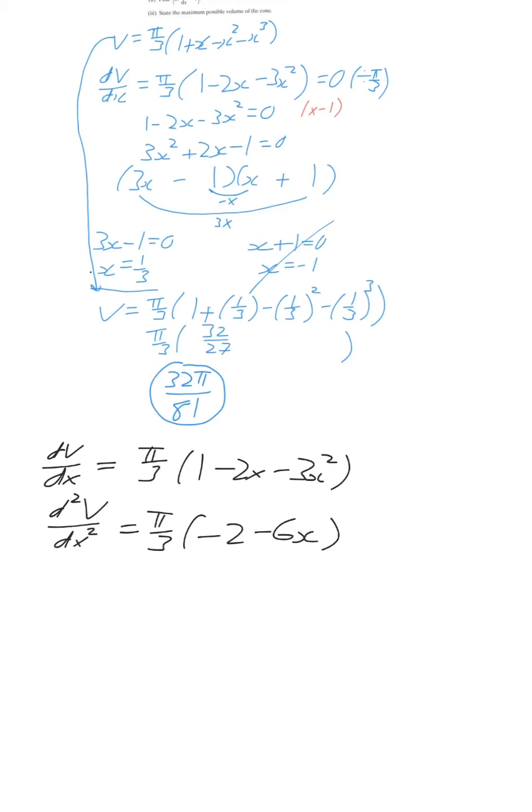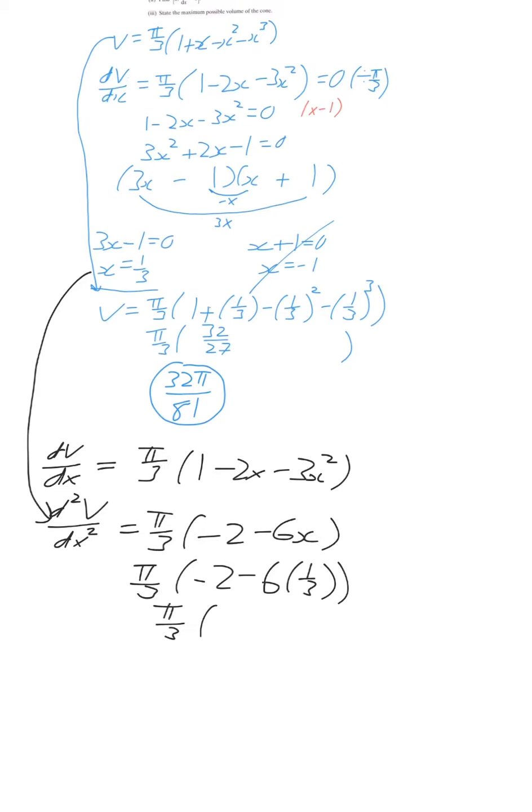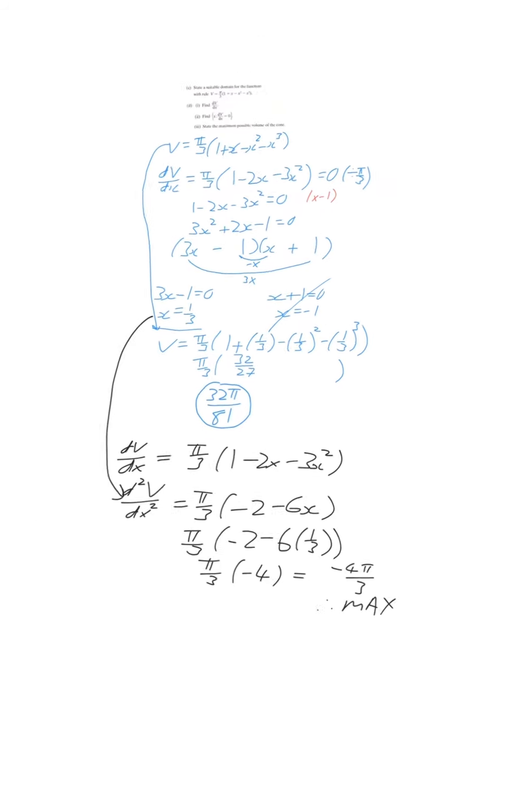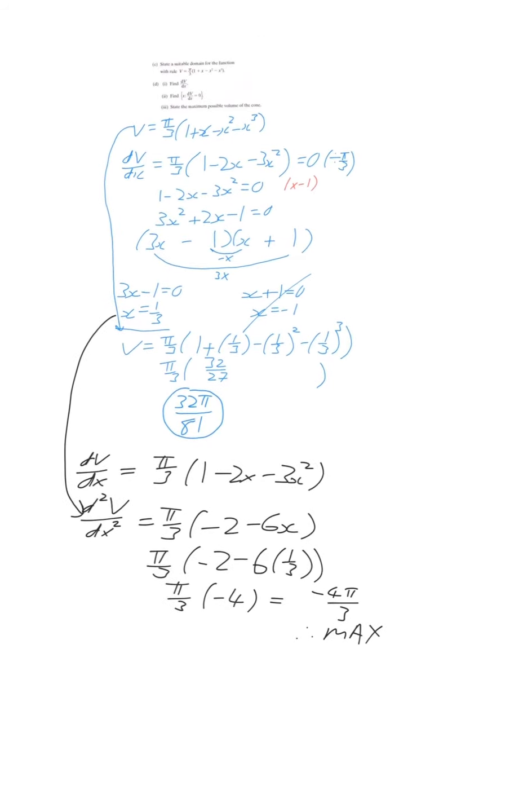So let's put a third into this. So pi over 3 times minus 2 minus 6 times a third. Okay, so that's going to be pi over 3 times minus 4. So I have minus 4 pi over 3, which is a negative value, so therefore it has to be a maximum. Okay, so that question is finished now.